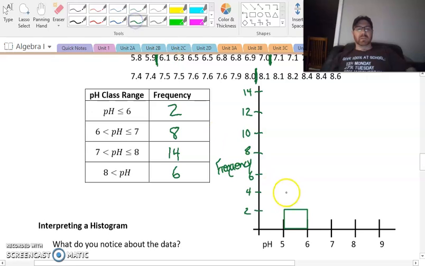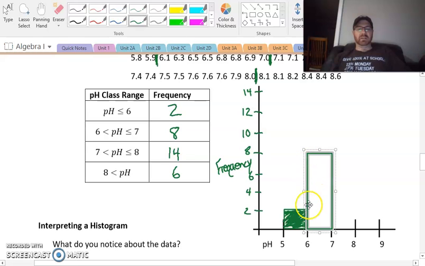And we typically will color it in as well. So there is our two items that have a pH between 5 and 6. Then between 6 and 7, there are 8. So I'm starting here, I'm going to go up to 8.